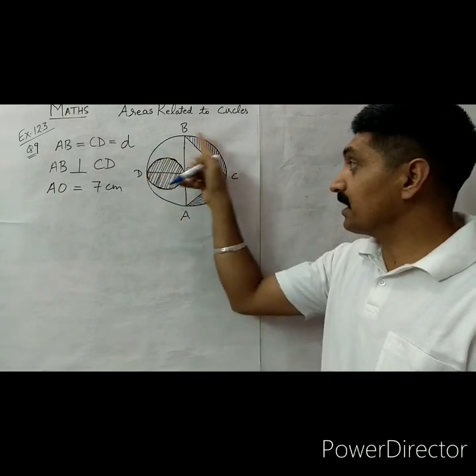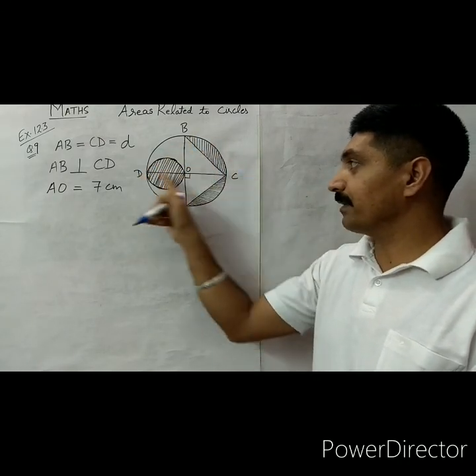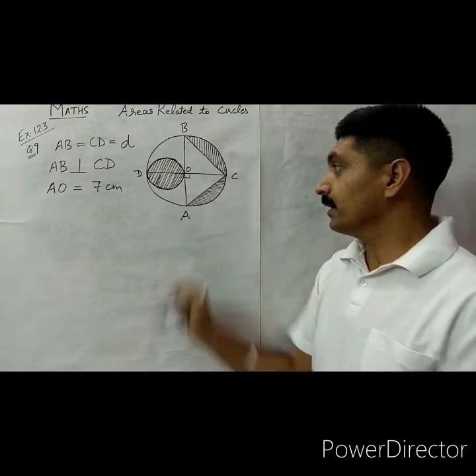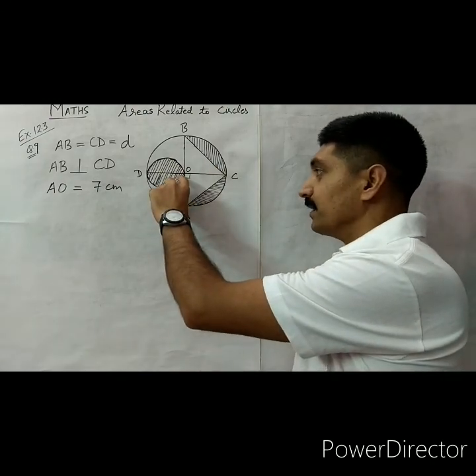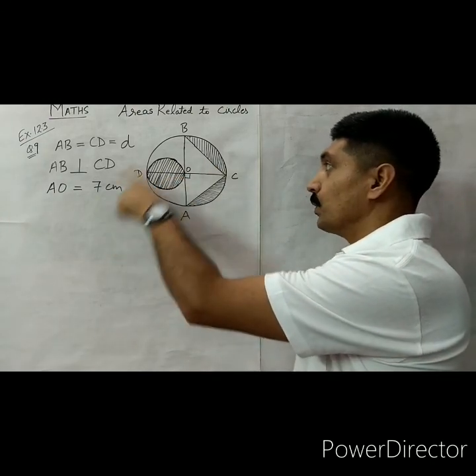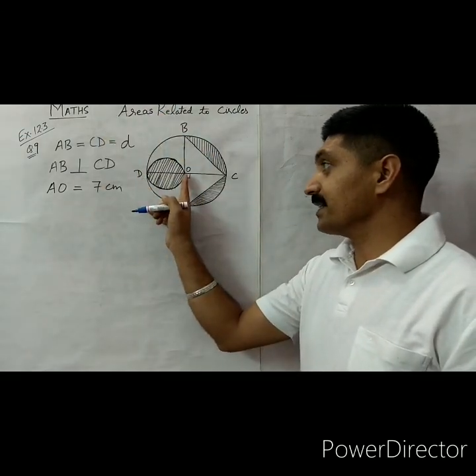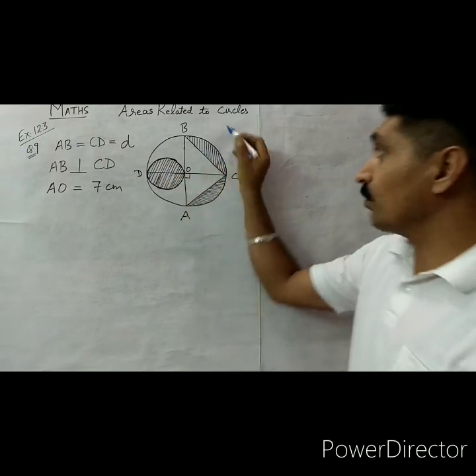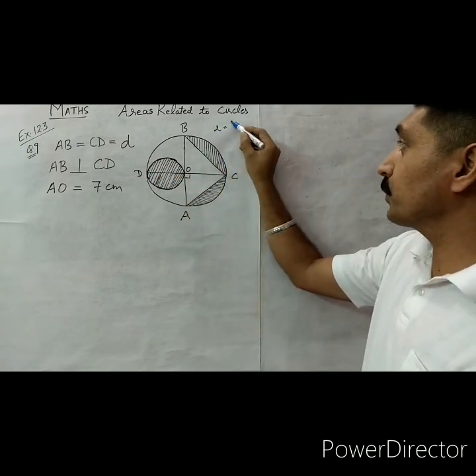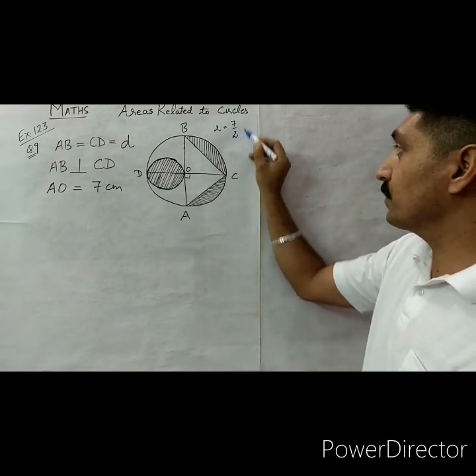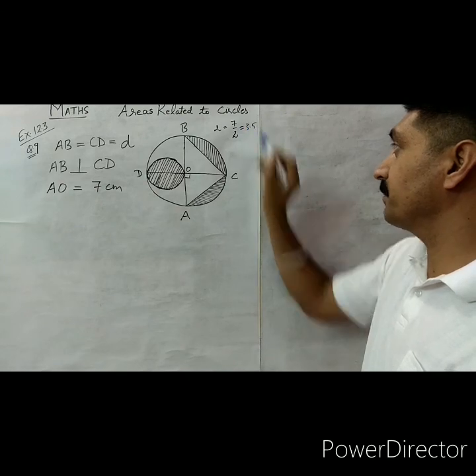Here the bigger circle whose diameter is given 14, because AO is given, AO is 7, so AB is double of it, and DO is again 7, so radius of the small circle is equal to 7 by 2, which is equal to 3.5 centimeter.